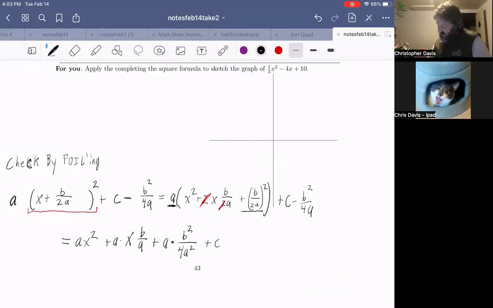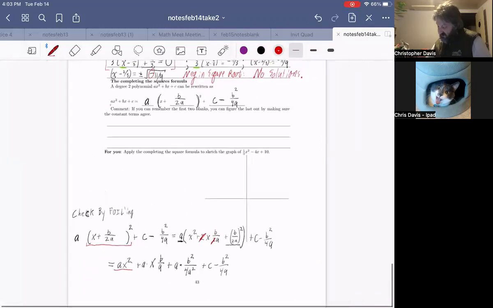And then the last term is plus c minus b squared over 4a. So some things will make you happy. There's an ax squared right there, which is good. I wanted an ax squared. A's cancel in that term. Oh, cool. That's the same as bx. I wanted to see a bx. That's nice. This a will cancel with one of those a's. B squared over 4a minus b squared over 4a. Oh, excellent. Those just cancel. And you're left with a plus c. Great. I wanted to see a plus c.